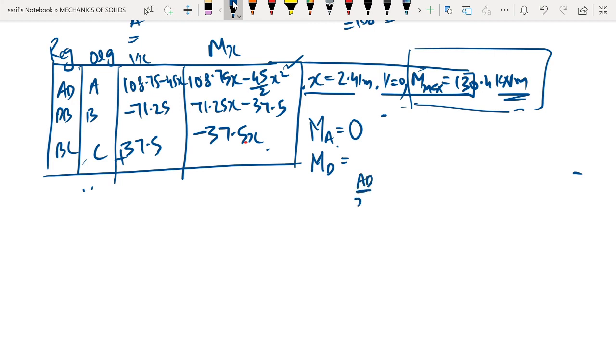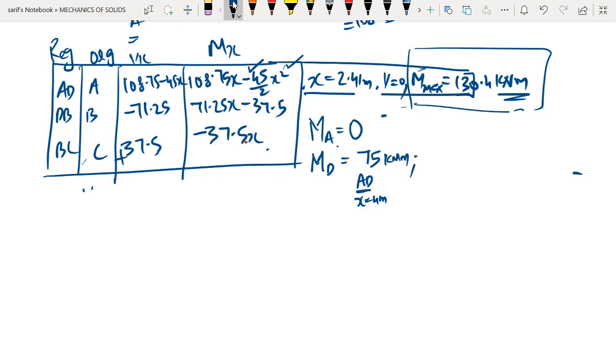To reach the point D, we substitute x is equal to 4 meter. We will get the value of 75 kilonewton meter from the region AD.